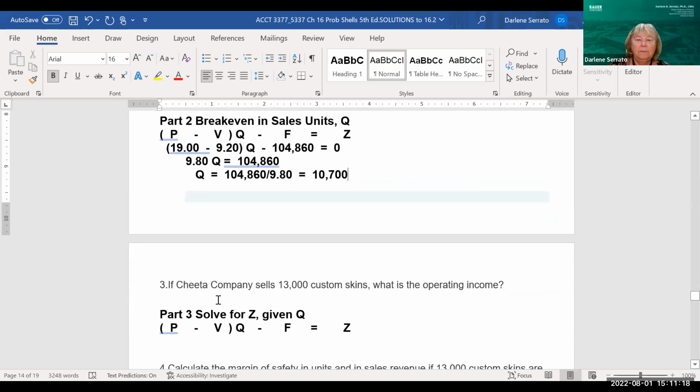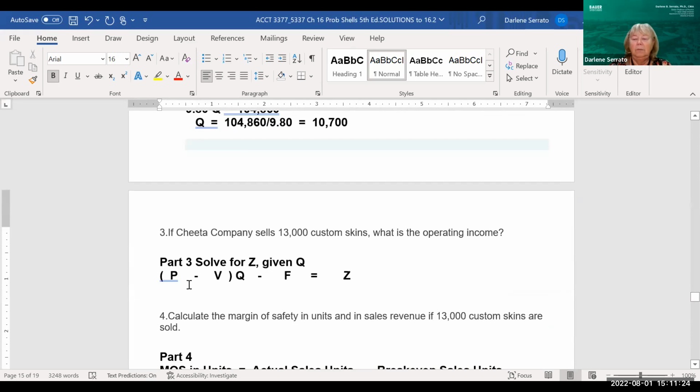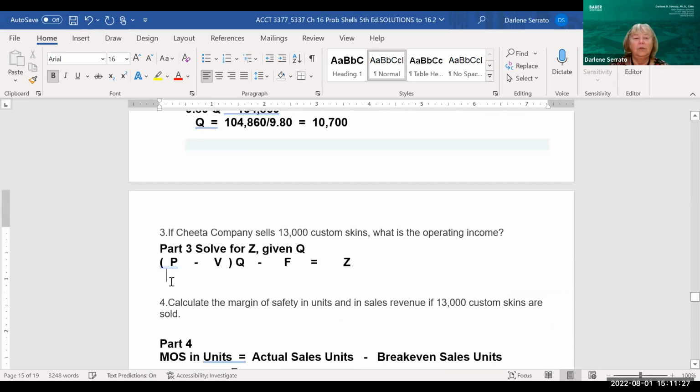Okay. So if they sell 13,000, what is the operating income? We're just going to plug the numbers in here.